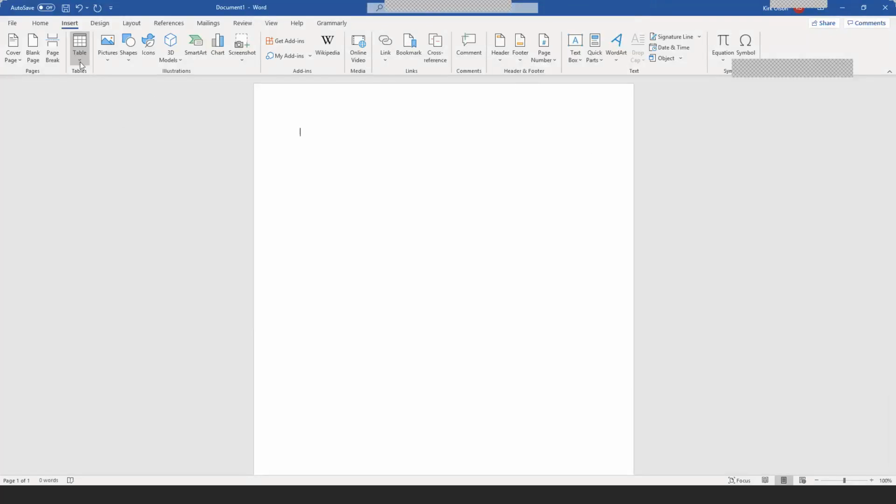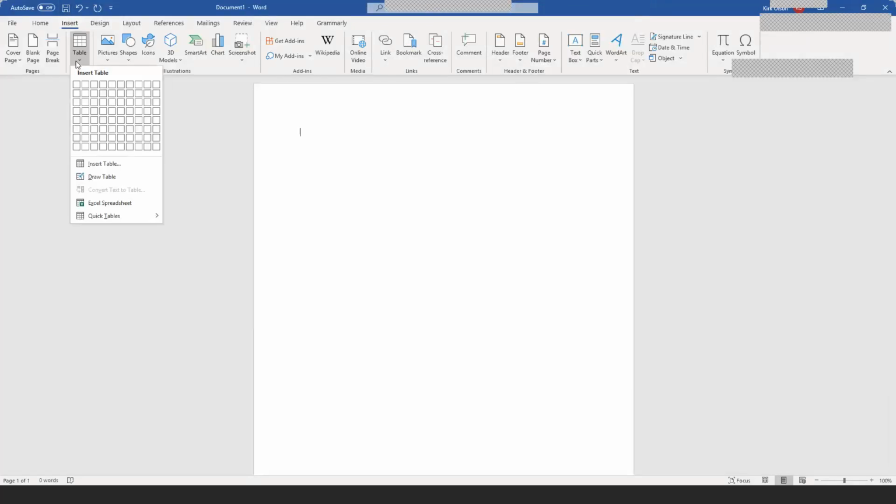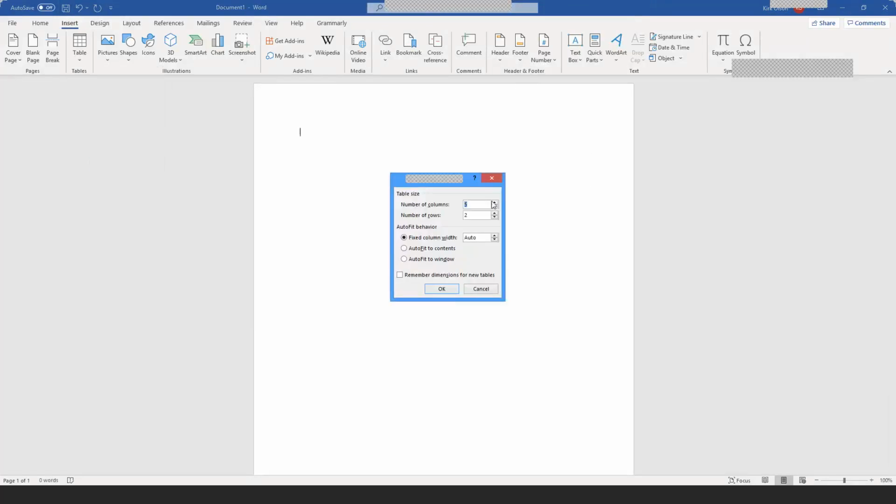Do you see where it says table up in the upper left, or insert? You do insert and then you do a table. And then you can either do it this way, or you can just do insert table and tell it how many columns. And I probably want 4, but I want a number of different rows. Let's see, how many columns do I really need though?